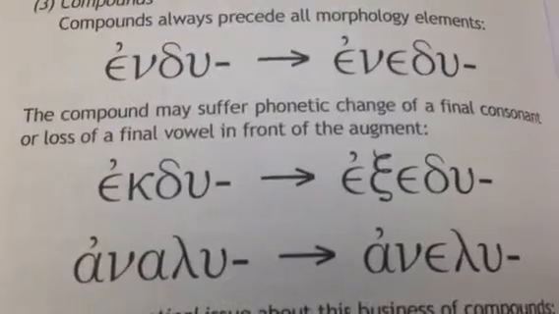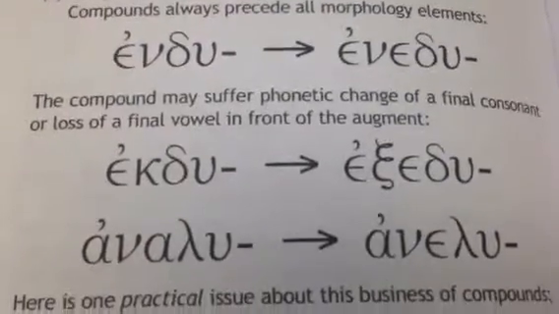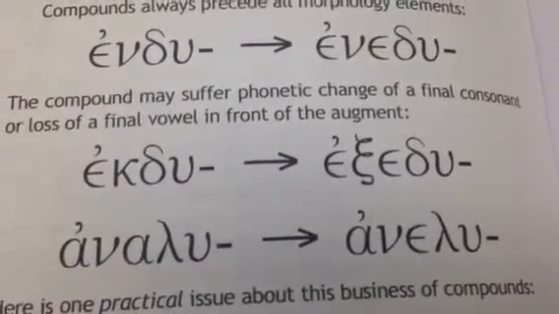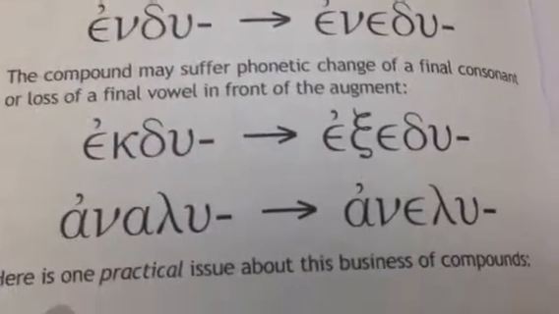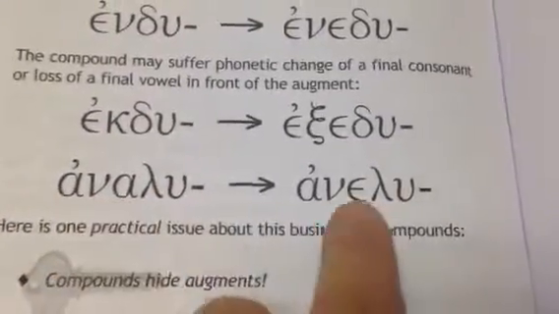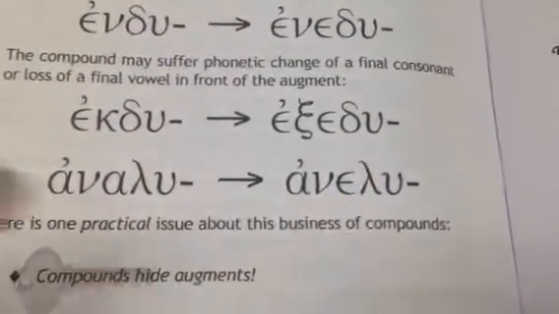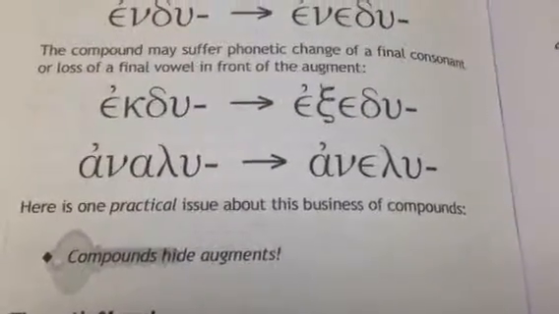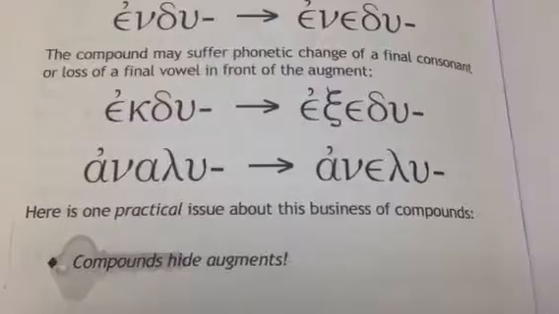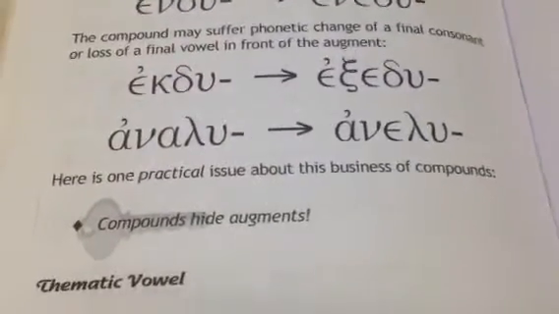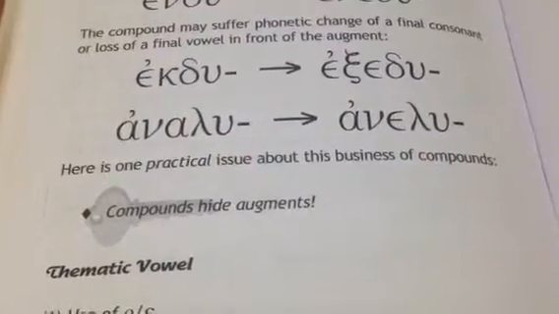Sometimes that introduces some funkiness, like here where you see the kappa changing its consonant shape. Or even its vowel shape, where you have ana as a preposition, epsilon may come out stronger and you see a slight change. So in other words, your compound may be hiding the augment, and you'll have to start developing an eye for that.